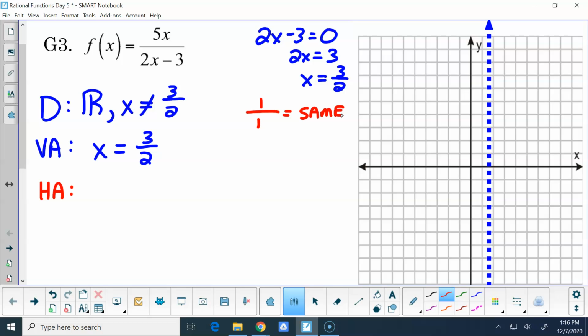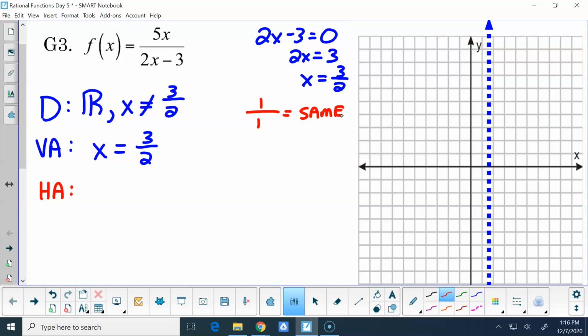Again, from your notes on Wednesday. Yes, any number over itself is equal to 1, but no in terms of this case, because it's not 1. Okay? So what's the horizontal asymptote here?